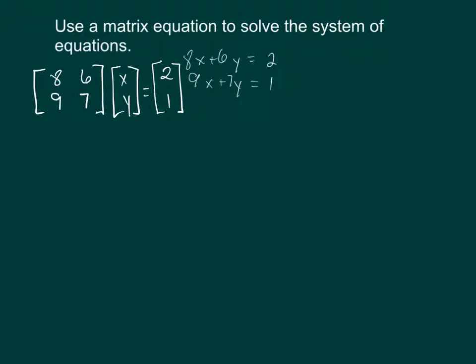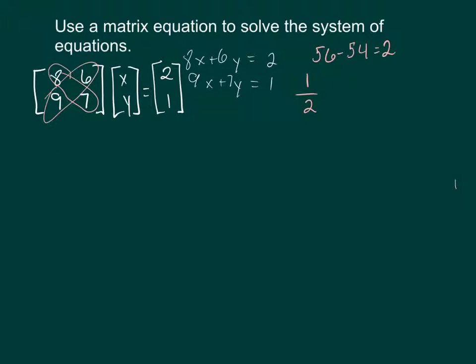Okay, so first we need to find the inverse. And to do that, we need to find the determinant. So we first find the determinant. So to do that, 8 times 7, which is 56, minus 6 times 9, which is 54, so that would be 2. So we do 1 over 2.